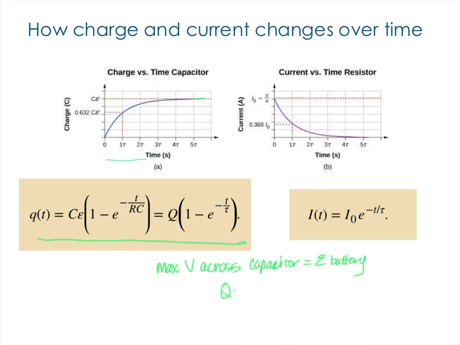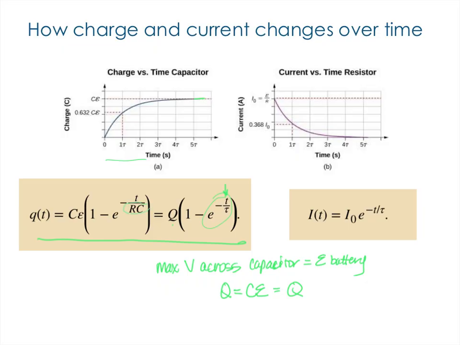So the maximum charge is C times E, or just big Q. As time gets bigger and bigger, this value will get smaller and smaller, and our charge will approach its final value.